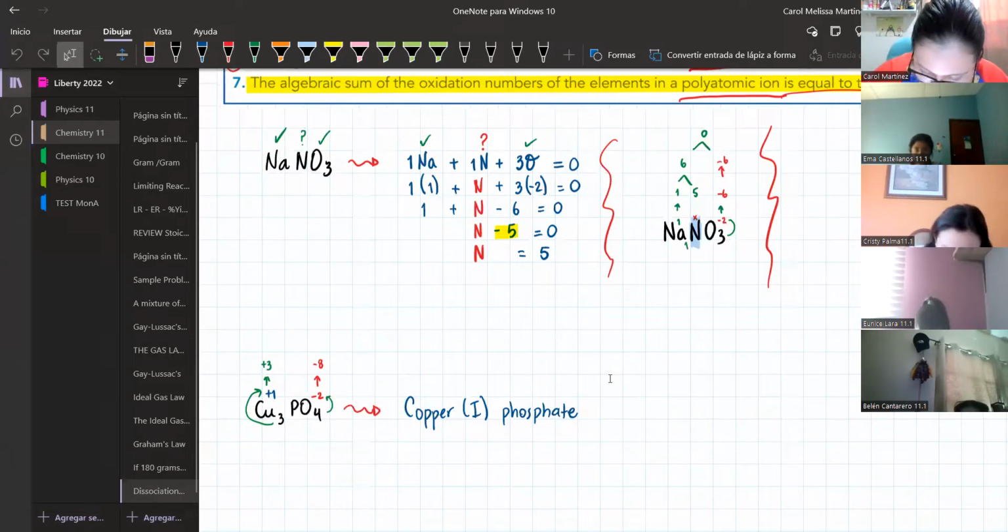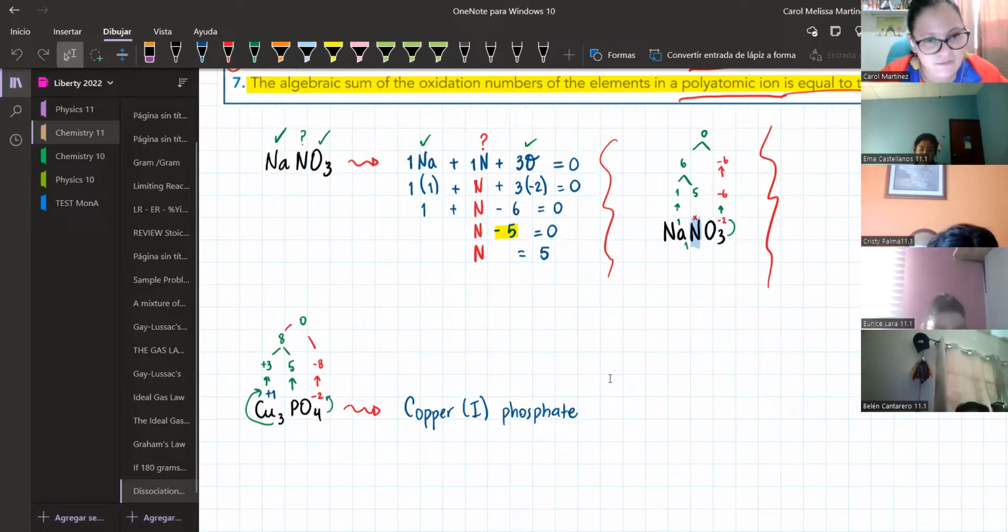So what number do I need my phosphorus to be if I want this to be balanced? 5. 3 and 5 makes 8, and 8 minus 8 gives you 0.